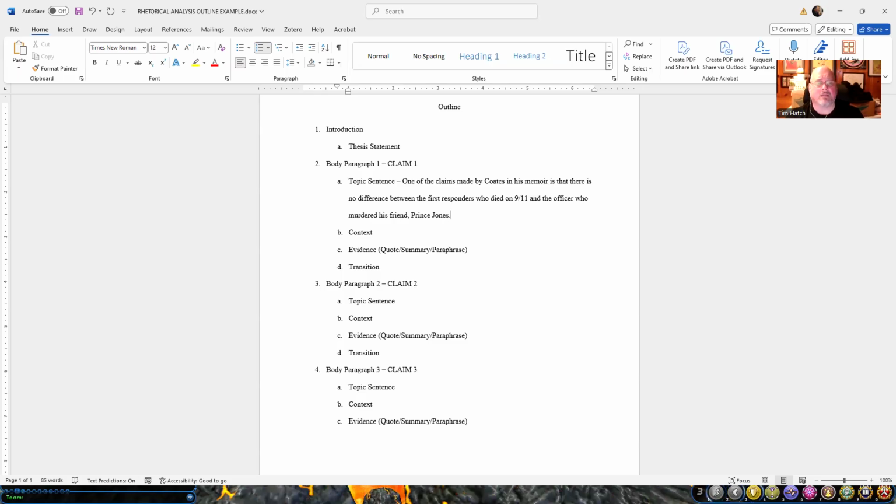Okay, there's my topic sentence. Could that be better? Absolutely. Who cares? It's doing exactly what it needs to do. I am introducing the idea of this claim made by Coates in the topic sentence of this body paragraph.